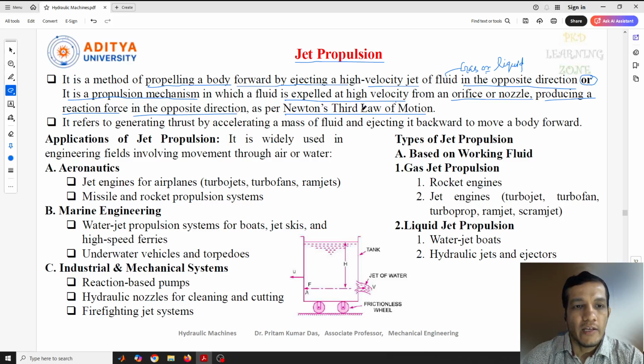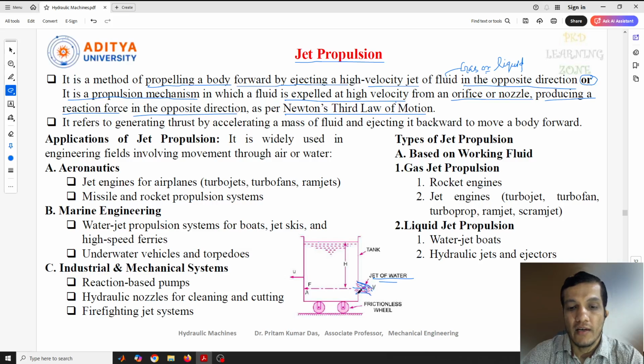Here I have taken one small example, jet propulsion for a tank. Suppose this is the tank and some liquid is filled in it. Here I have taken water, which has a height from this position, and the water is coming out from the tank at this point.